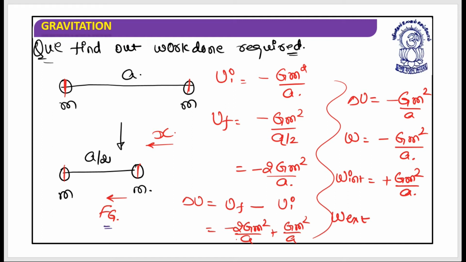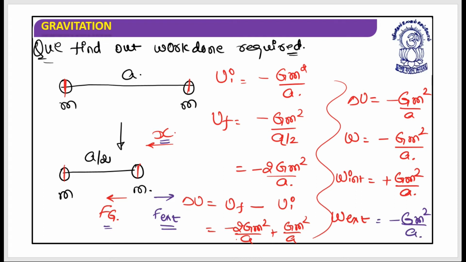If the gravitational force is acting in this direction, the external force must be acting in the opposite direction. So the external force and displacement are at 180 degrees to each other. That means the work done due to external force is minus GM square by A. I hope this is clear.